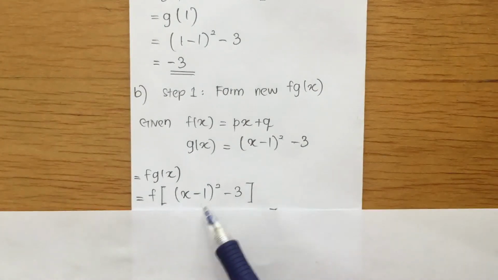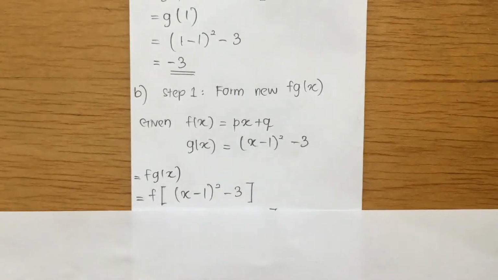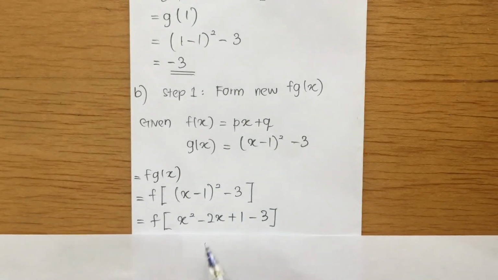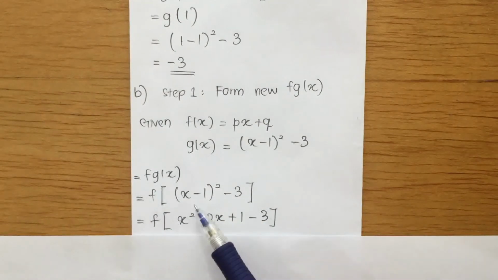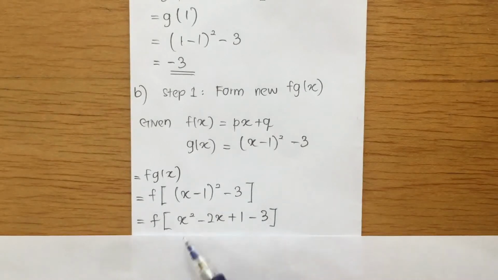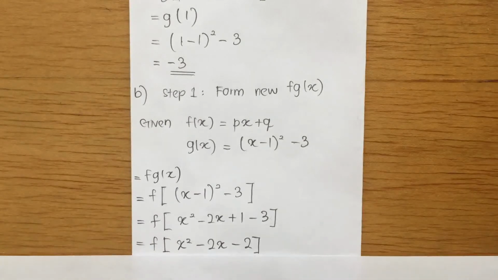So this (x - 1)² - 3 will be mapped into the function f, guys. But before that, I suggest you expand the bracket and solve the inside expression first. So (x - 1)², you expand this, you should get x² - 2x + 1 - 3. So from here you get f(x² - 2x - 2).